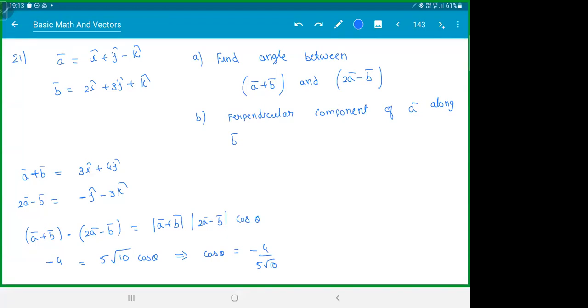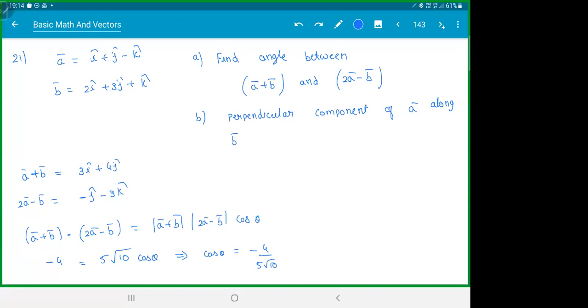How do you find the parallel component? You know that now. How to find the perpendicular component of A bar along B bar? Try. I'll give you a minute. When is it 0? What is 0, Monica? Sir, you said the scalar dot products are 0 if the two vectors are perpendicular.